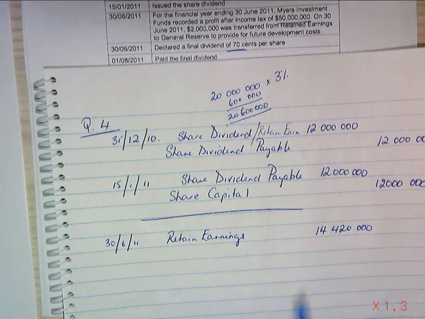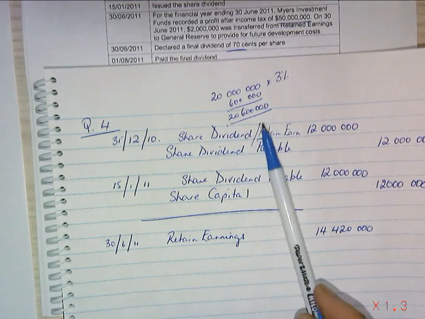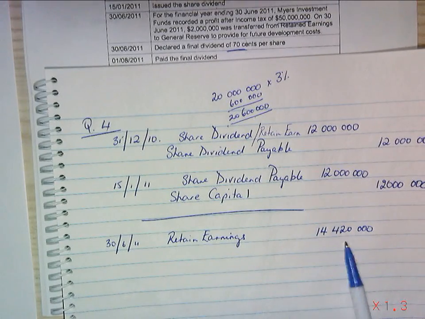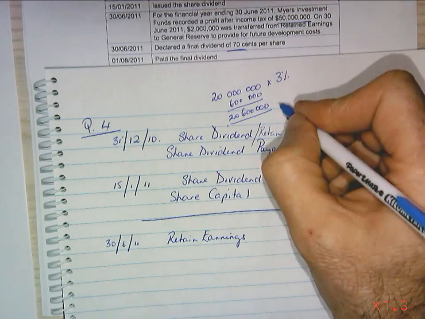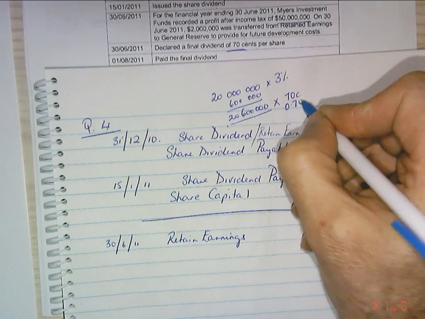I just did 20 times 0.7 is 14, and 600 times 0.7 is 420. So this will be then times 70 cents, or 0.70.